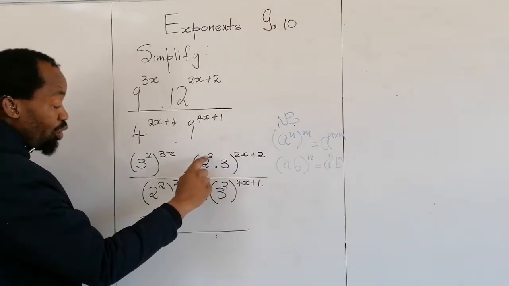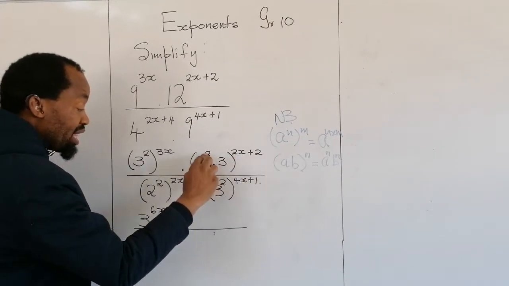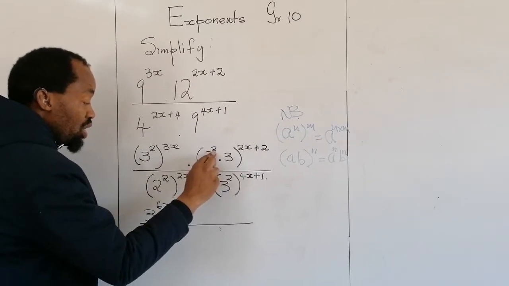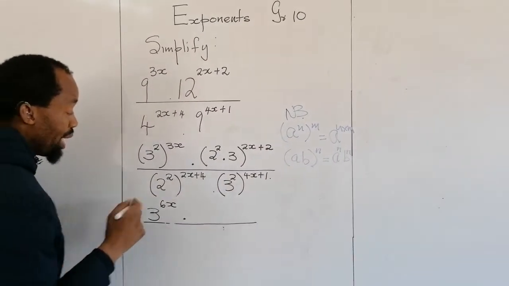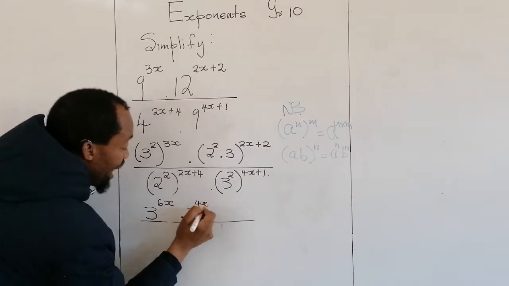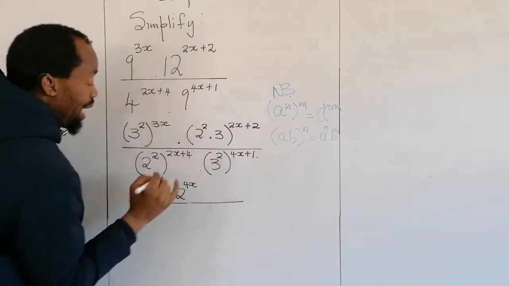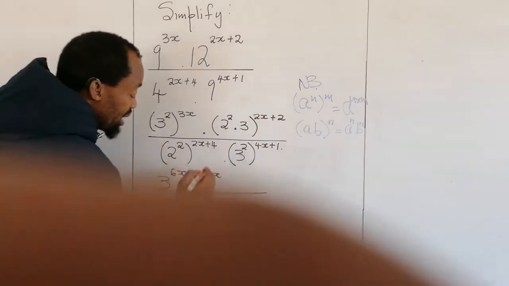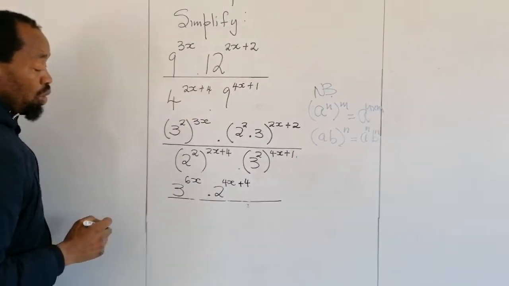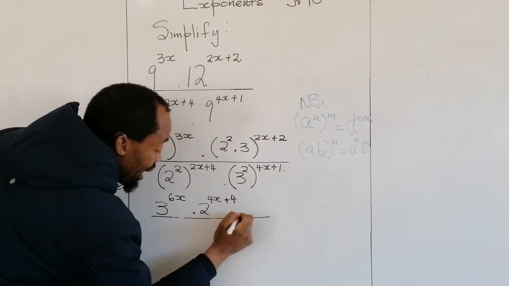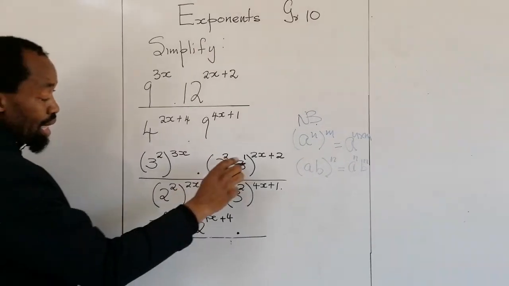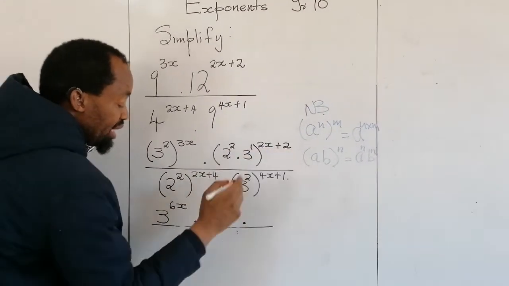Now, again, don't forget that when you multiply this by this, you multiply this one by this one first, then this one by that one. That gives you 2 to power 4x. I have multiplied this by that. Now I'm multiplying this by that, plus 4. Now I'm coming to this one. Remember, if there's nothing there, it means 1. I'm multiplying 1 by this.